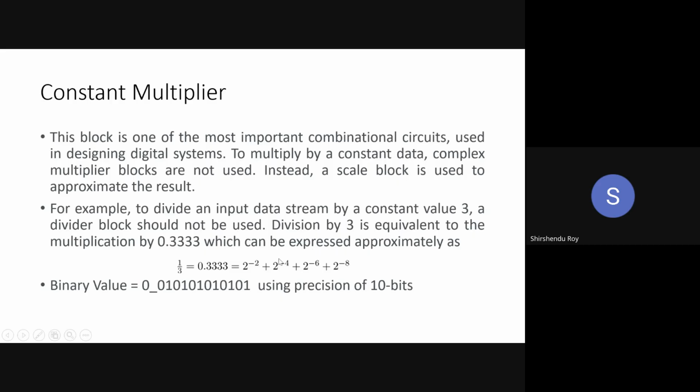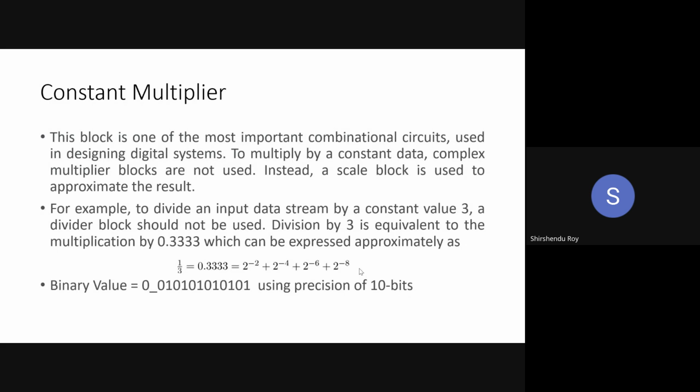So we have 2 to the power minus 2, minus 4, minus 6, minus 8, and minus 10. So we have powers of 2, that is 2, 4, 6, 8 and 10. We have to shift the input data by 2, 4, 6, and 8.